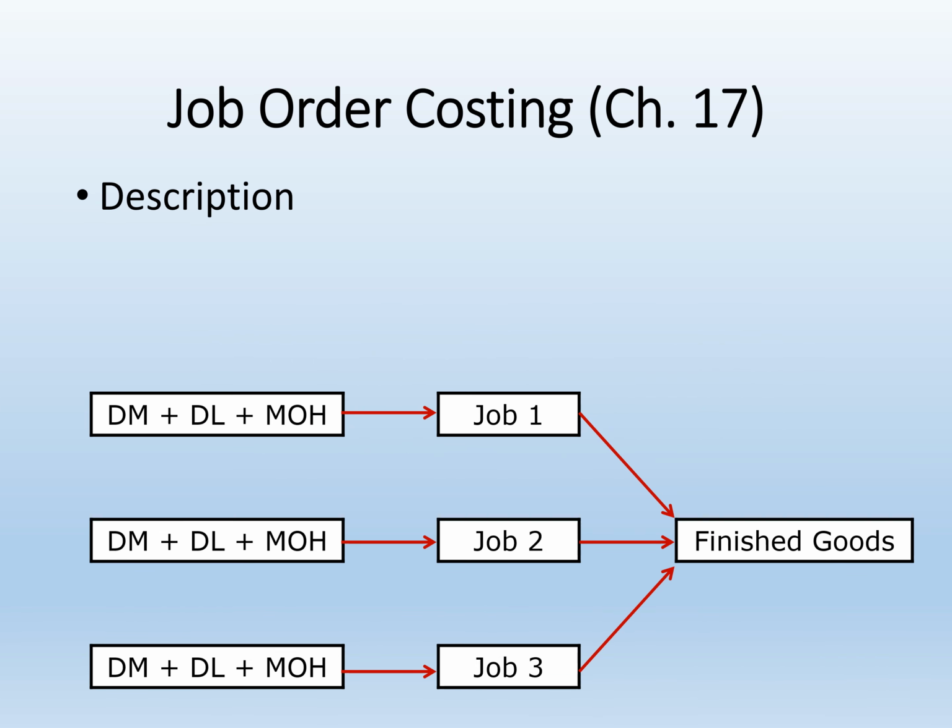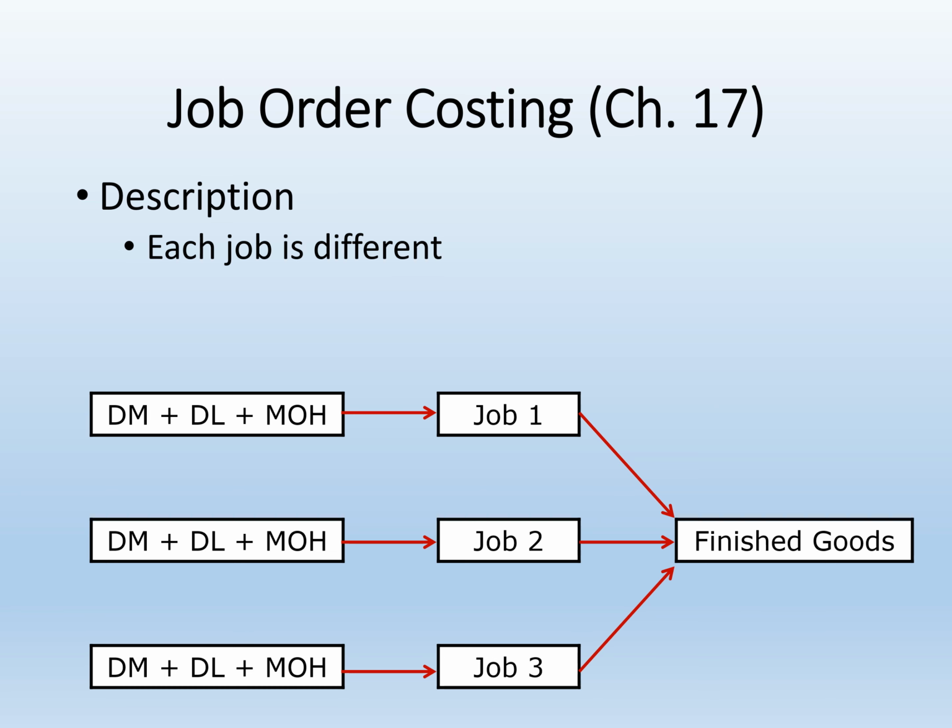A manufacturing firm that chooses to use job order costing does so because they think of their work in terms of discrete jobs with a clear beginning, middle, and end. Nobody tells a firm that it has to use job order costing.